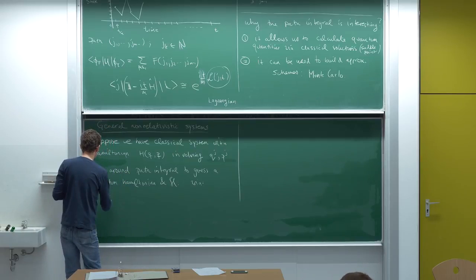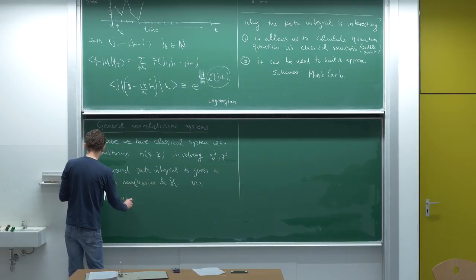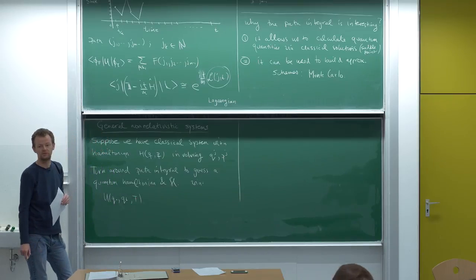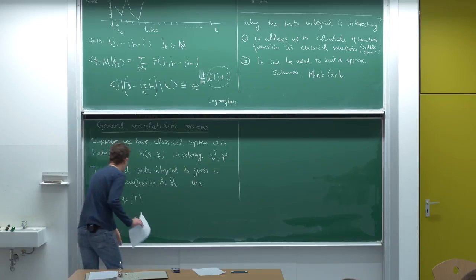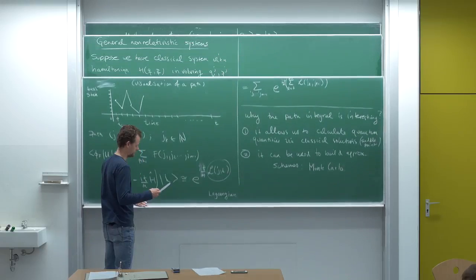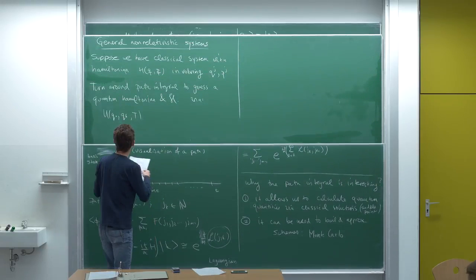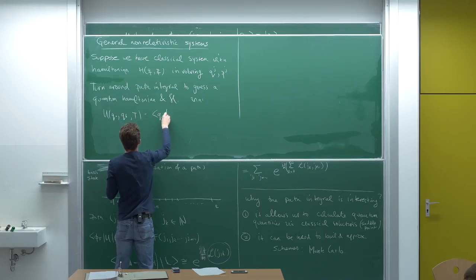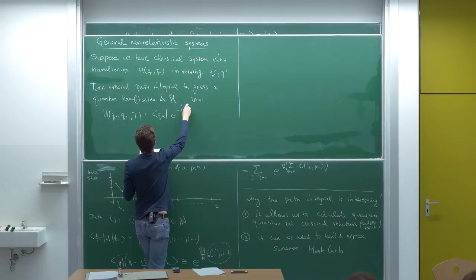So the prescription is: the transition amplitude for our potential quantum system should be given by a transition amplitude. Okay, it's not very deep.